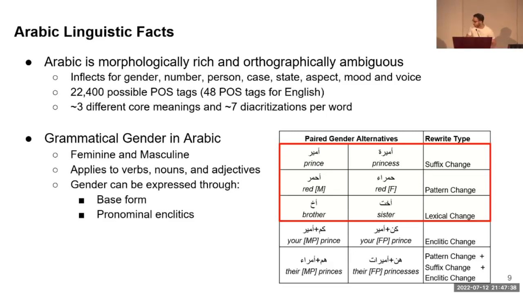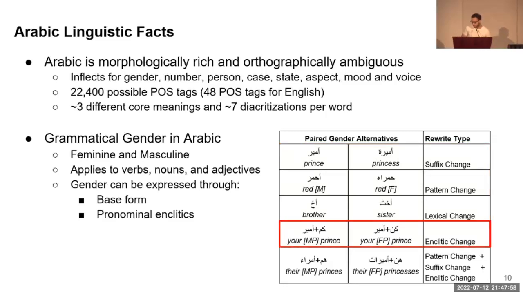At the word level, grammatical gender could be expressed either through the base form of the word or through pronominal enclitics. Now, changing the base form gender of the word requires us to do either a lexical change or a pattern change or a suffix change, as you can see in these 3 examples.